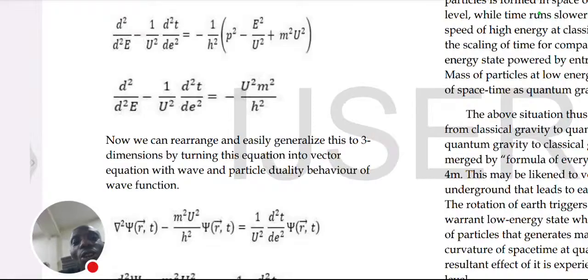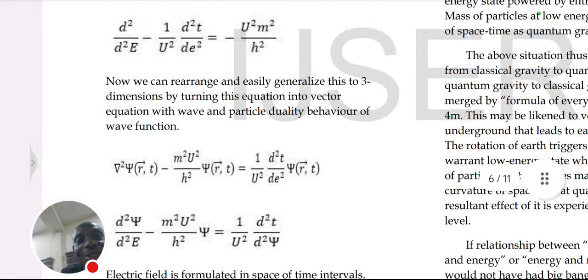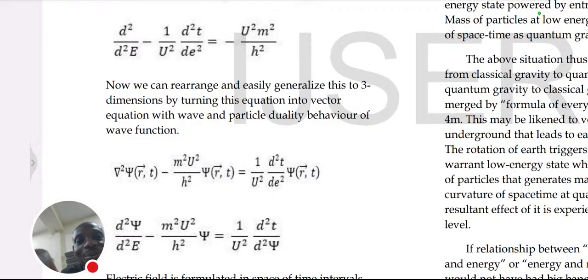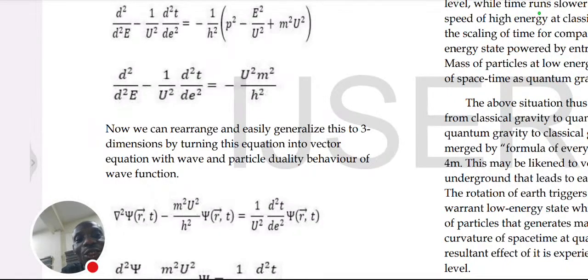So now that we have this, you can see that what we now have is pointing to something so profound, because we have realized that now we can rearrange and easily generalize these to 3 dimensions by turning this equation into a vector equation with wave and particle duality behavior of the wave function.